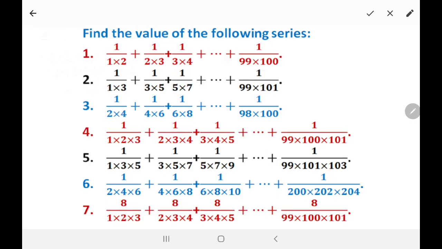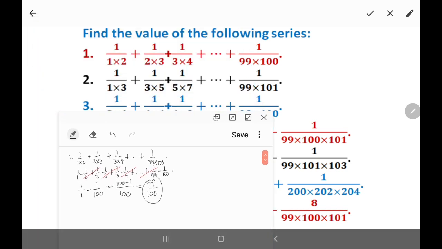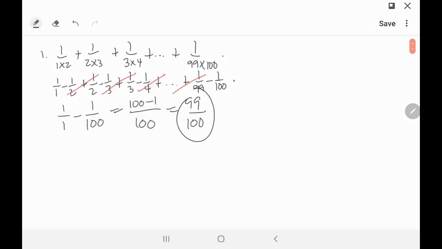Now let's go to our number 2 example. For number 2, 1 over 1 times 3 plus 1 over 3 times 5 plus 1 over 5 times 7 up to 1 over 99 times 101. Okay, to solve that problem, we're going to erase all these. We can rewrite again the problem.